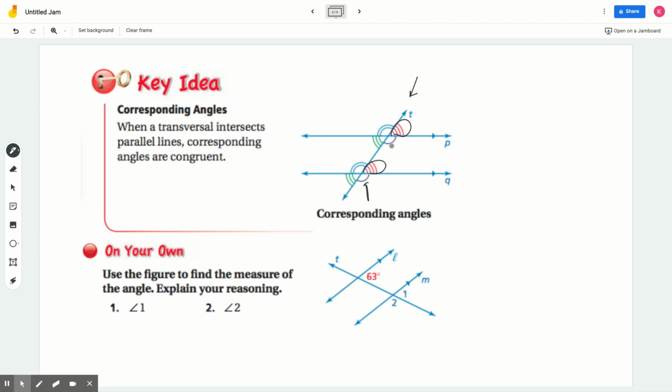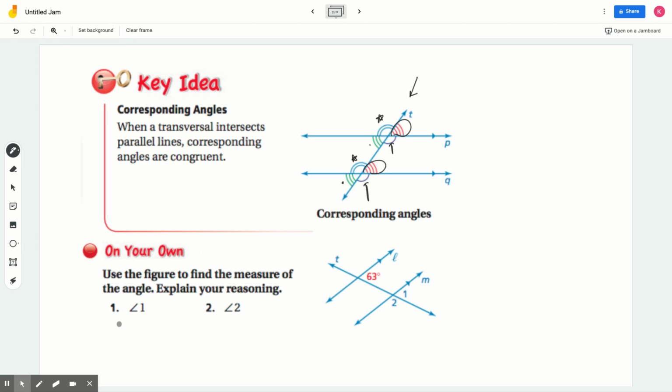The bottom right of both are congruent. Then the top left of both are the same, and the bottom left of both would also be the same.